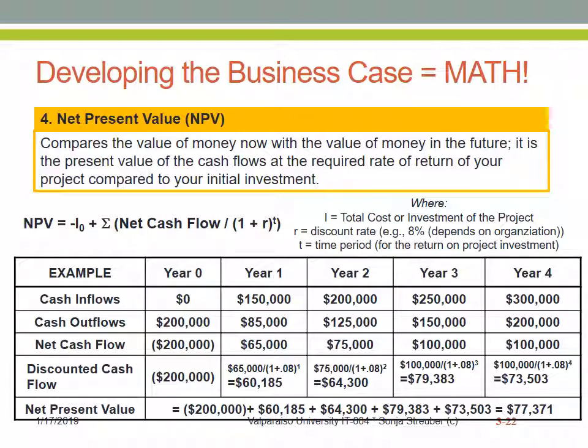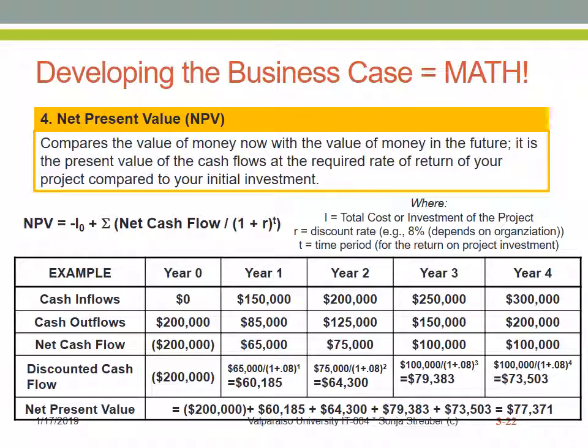The cash outflow is $200,000 because that is our investment into the running of the project. That's what we're going to pay for the project as a company. So the net cash flow here is minus $200,000, which in your equation above is the minus I0. And our discounted cash flow is the minus $200,000.